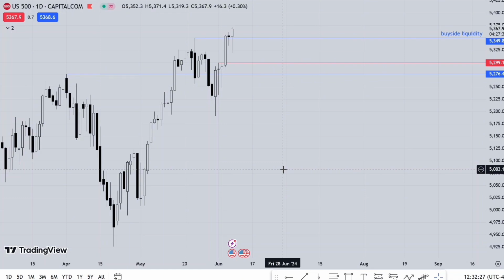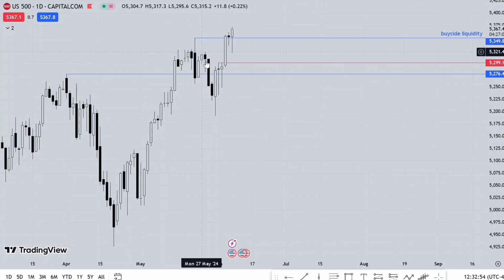So that is intermarket analysis because you are using markets that are inversely correlated, because the ES and the dollar are inversely correlated assets. So if you're expecting a purge of sell side for the dollar, you're expecting a purge of buy side for the ES.